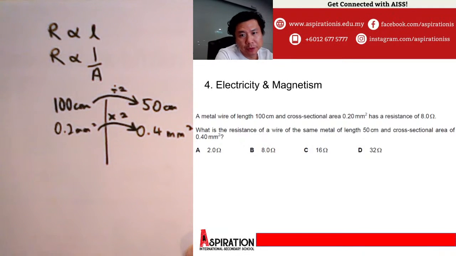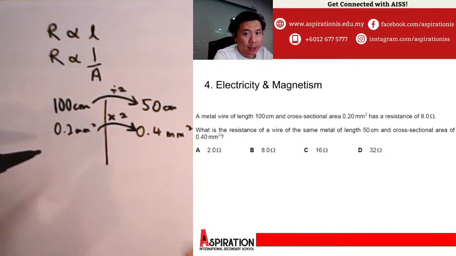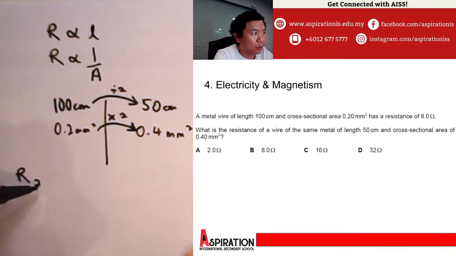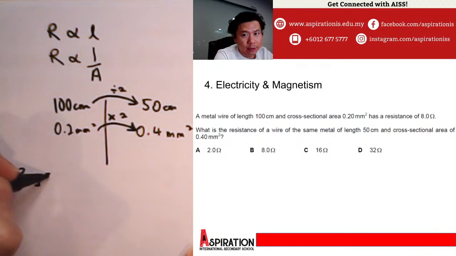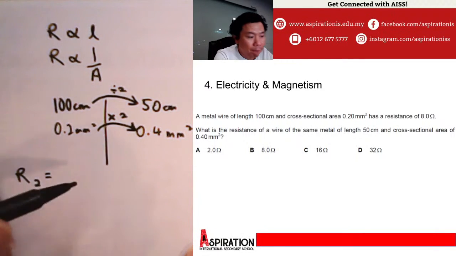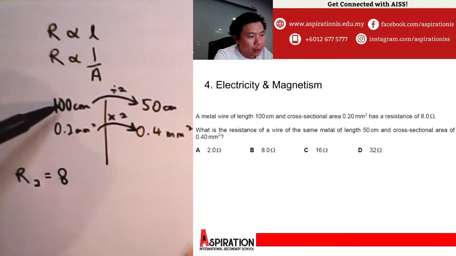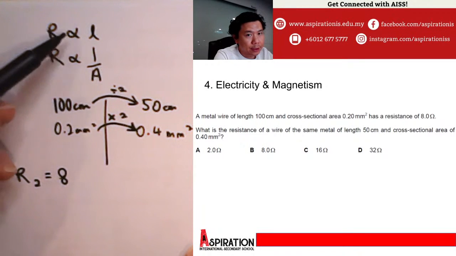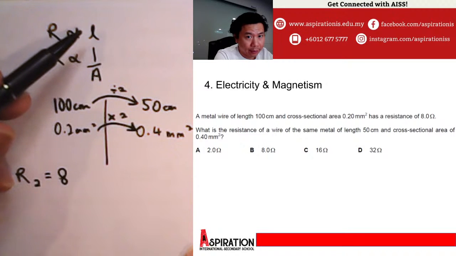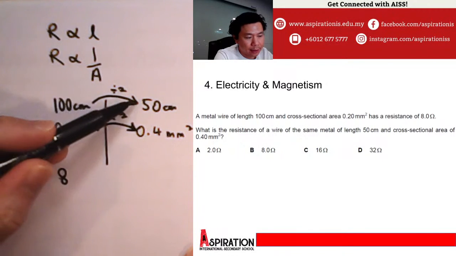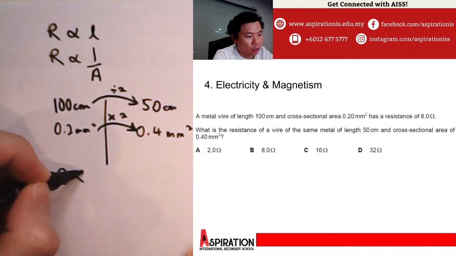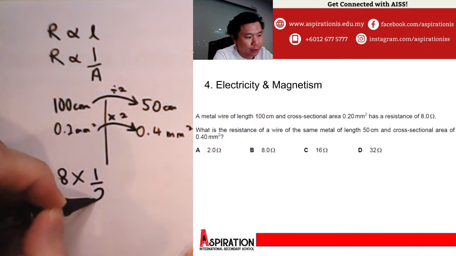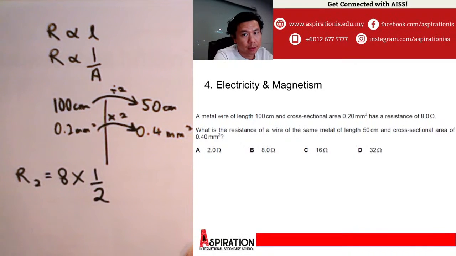Usually how do we do this question? Remember the resistance of the second wire is related to the resistance of the first wire. Resistance is directly proportional to length. So when the length is cut in half, the resistance has reduced by 2, so multiply by half.